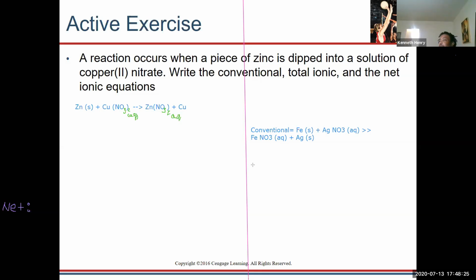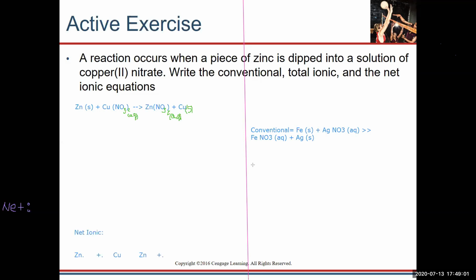You guys agree? Everybody agree with the conventional? What do you guys know about iron so far? It's been very consistent about iron. It's a solid. Well, here it's a solid, but when it forms an ion, what ion has it formed so far? 3. Okay. So I may want to keep that in mind.